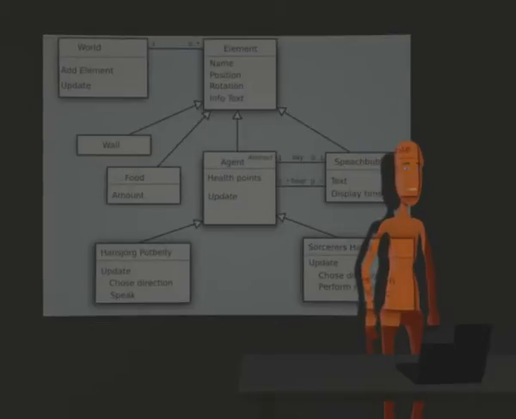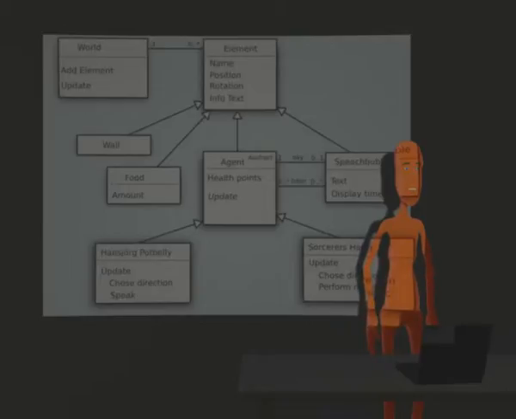Here we can see a class diagram of the application. The main class is the world, which is updated every frame. The world contains elements, which can be walls, food, agents, or speech bubbles. The agent is a special type of element. It is abstract, which means it is not fully defined yet. It needs further definition to work in the world.